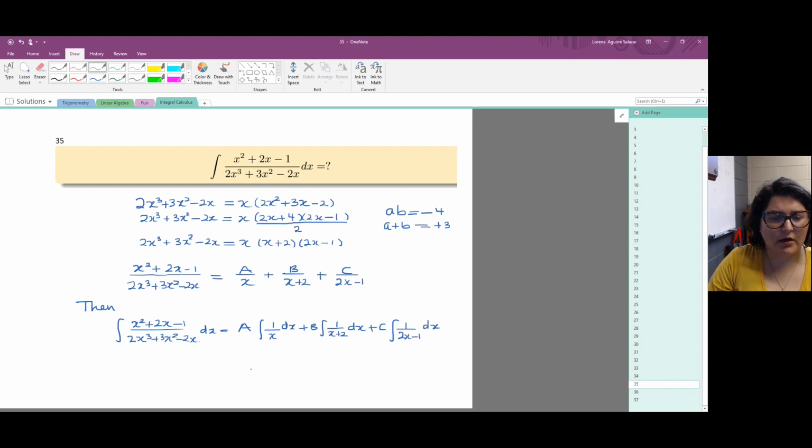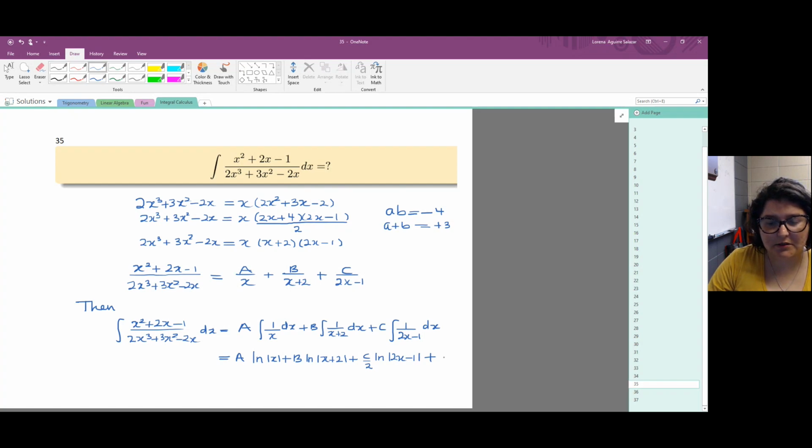And those integrals are a lot easier to find than the integral of the thing we started with, as the integral of 1 over x is the ln of the absolute value of x, the integral of 1 over x plus 2 is the ln of the absolute value of x plus 2, and the integral of 1 over 2x minus 1 is a half of the ln of the absolute value of 2x minus 1.